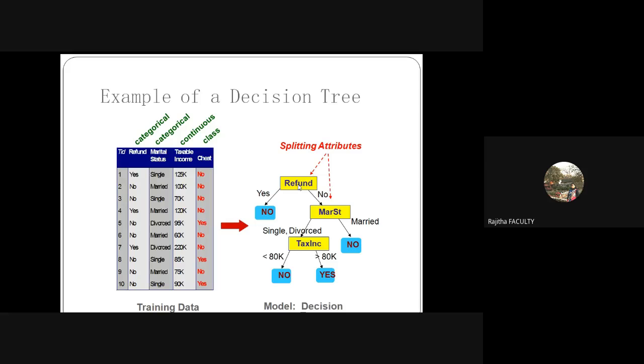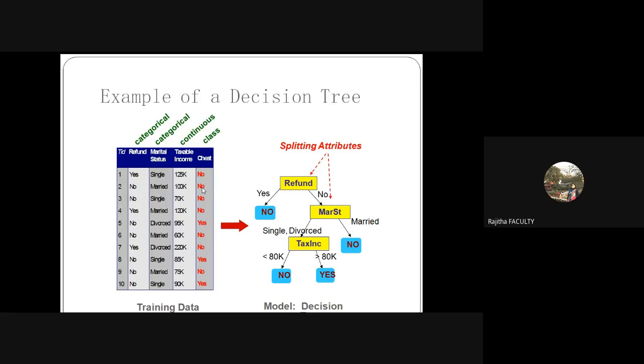Based on one rule, we have one path. Similarly, suppose I want to take another example, when refund is no and marital status is married. The class is again no. Right, this is another rule: when refund is no and marital status is married, the class is no.